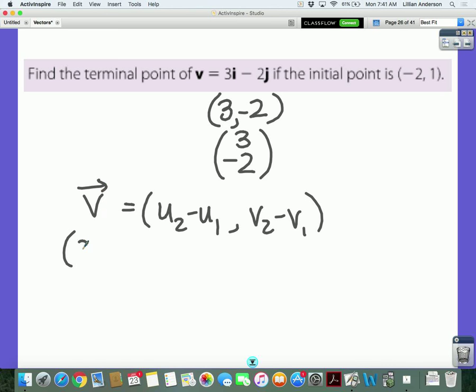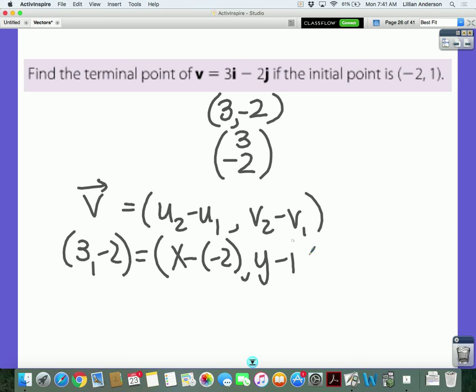The fact is you already know what the vector is, and you know what the initial point is, but you don't know what the terminal point is. So you can use that as basically a formula. You know that some number minus -2 should get you 3, and some number minus 1 should get you -2.